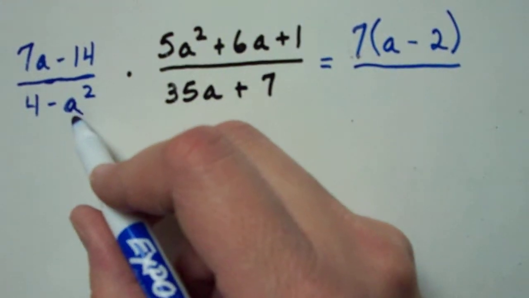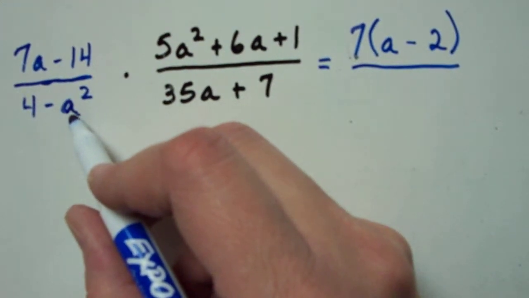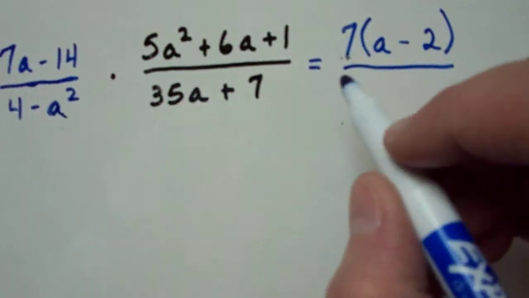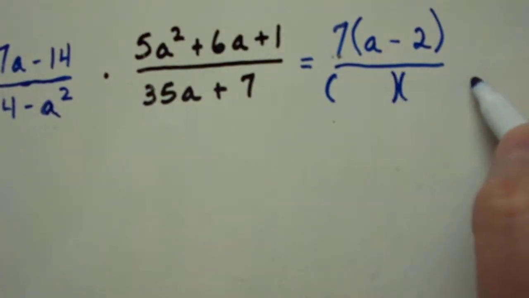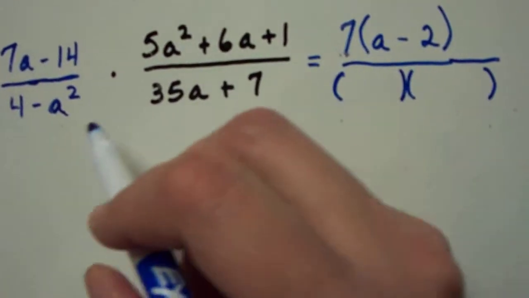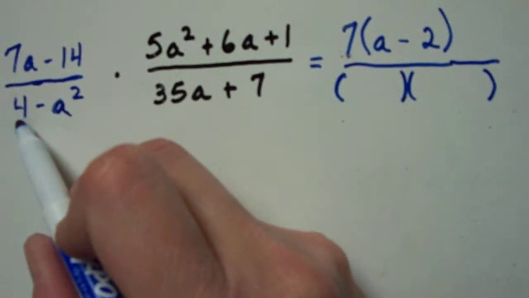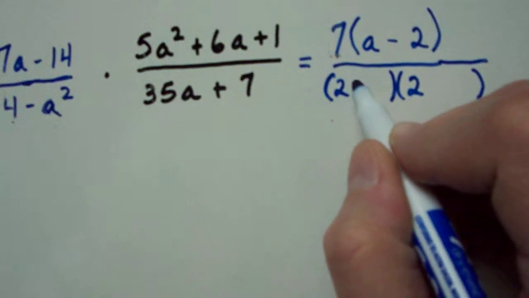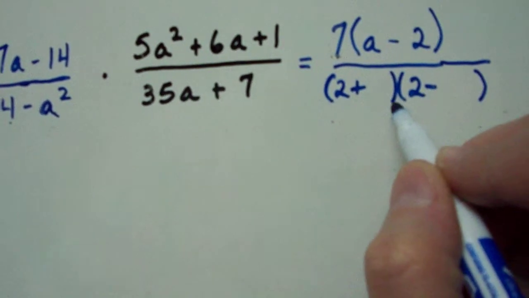4 minus a squared. This is the difference between two perfect squares. So in FOIL, you may recall that means you're going to have plus and minus in your parentheses. In other words, your 4 can be broken down easily into 2 times 2. And then you're going to have plus something minus something.